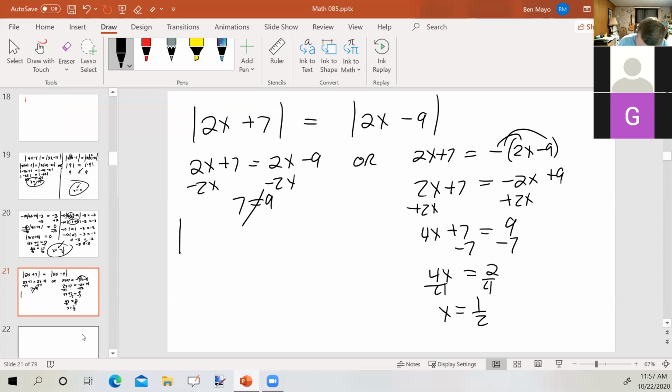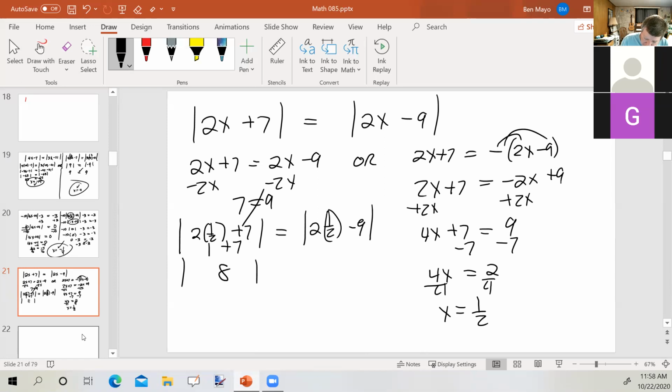So the absolute value of 2 times 1/2 plus 7 equals the absolute value of 2 times 1/2 minus 9. What's 2 times 1/2? 1. What's 1 plus 7? 8. What's the absolute value of 8? 8.